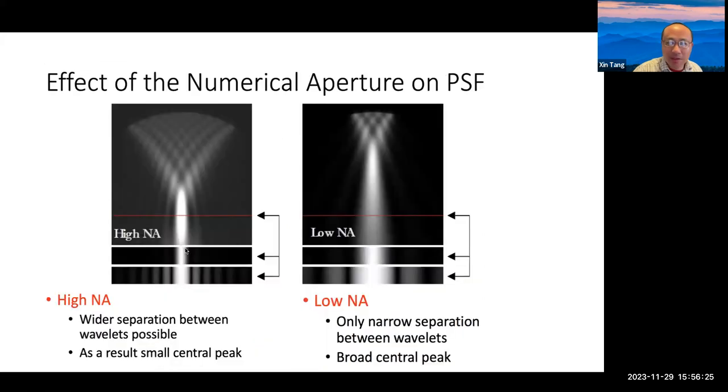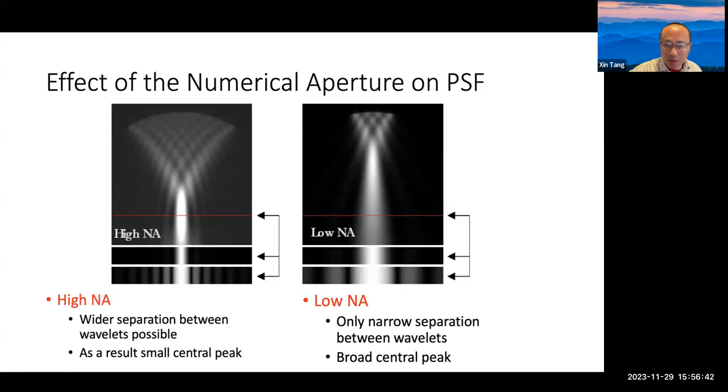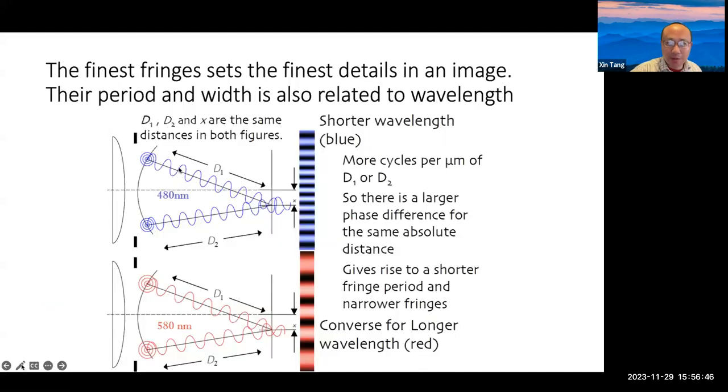this resolving power depends not only on the numerical aperture, but also on which light we use. We just mentioned that light has different wavelengths, different frequencies, and different refractive indices, and those factors play a role during this interference process. If the light has a smaller wavelength and higher energy, it can generate thinner patterns.